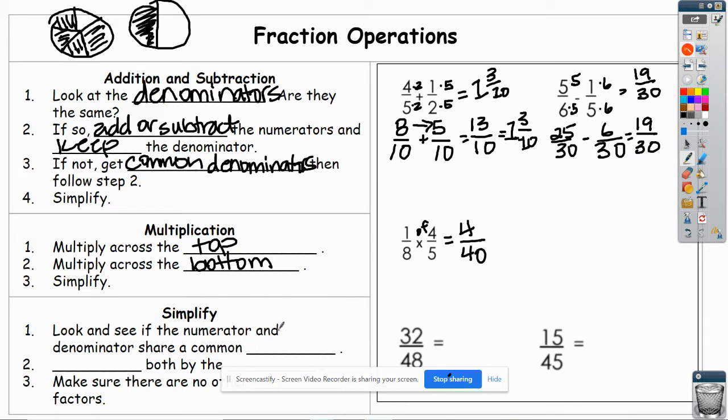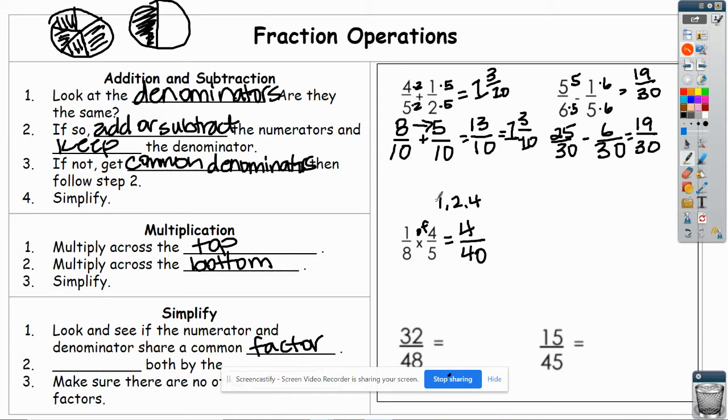So let's look at our directions here for simplifying. We're going to look and see if the numerator and denominator share a common factor. And that means, do 4 and 40 both have a number that's the same number that you could multiply by another number to get these numbers, okay? And so what I mean by that is factors of 4 are 1, 2, and 4, okay?